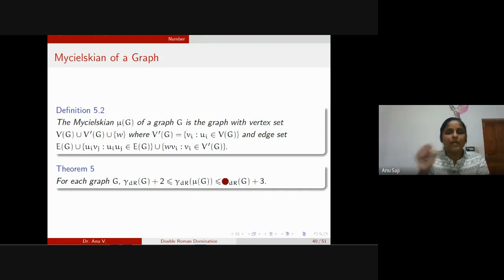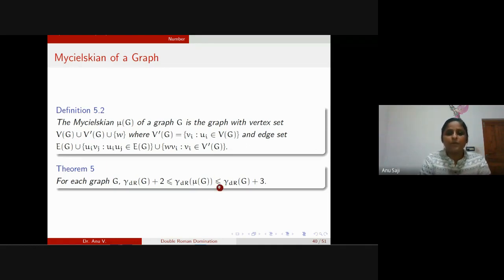Among the newly added vertices, w is adjacent to all the vertices v1, v2, etc., vn. So we can give the value 3 to w, so that it will be a γdr function for μ(G).